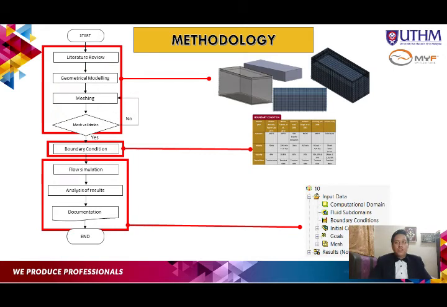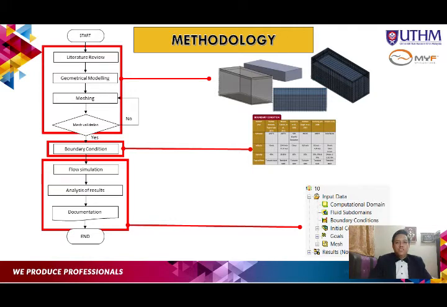The slide shows a flow chart of the methodology for this project. The first one is the literature review. Next is geometrical modeling, so this is the geometrical modeling for this project, and the meshing, and then the boundary conditions.